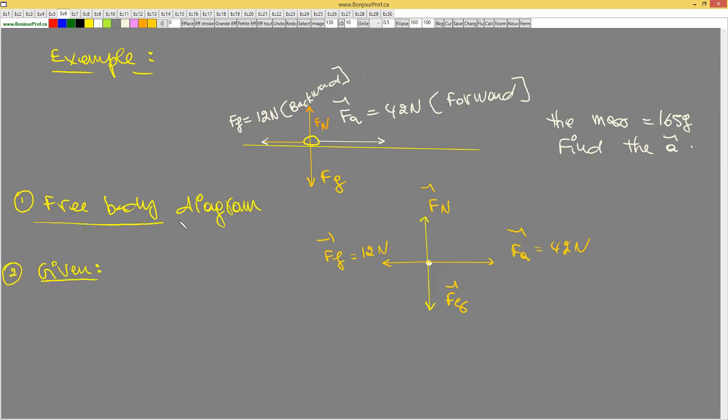Do you know how to find the force of gravity? Do you know the formula or not? There is a formula for that. The given first gives us the mass: 165 grams. We have to put it as kilograms: 0.165 kilograms. The applied force is 42 newtons forward.